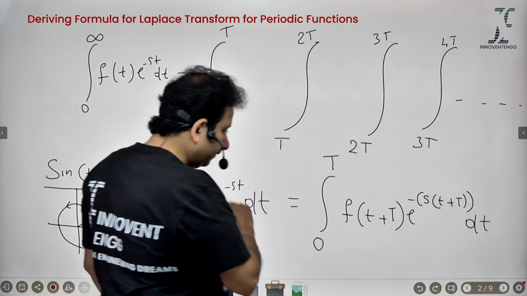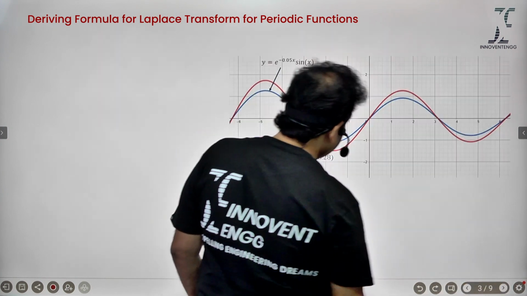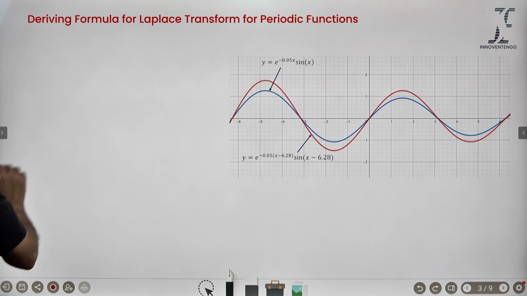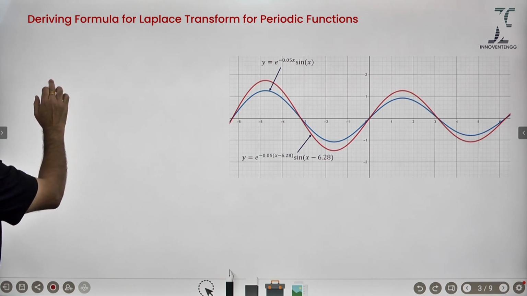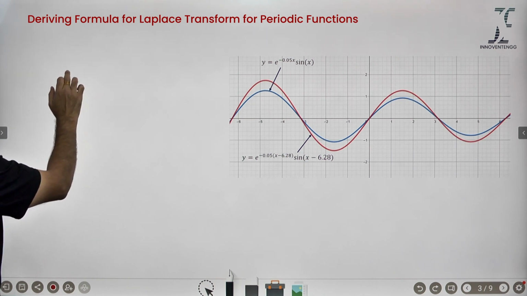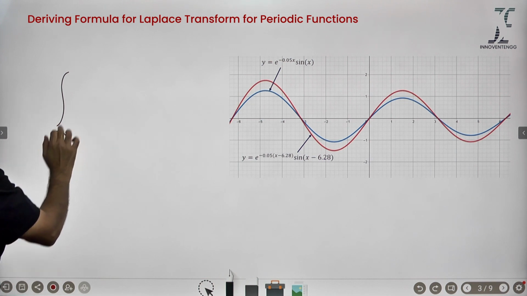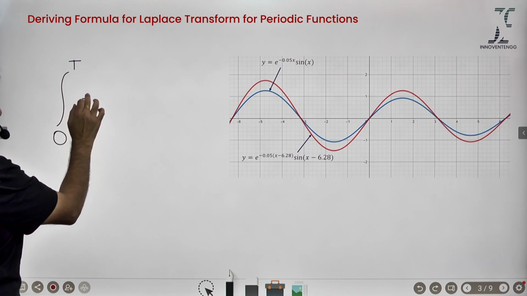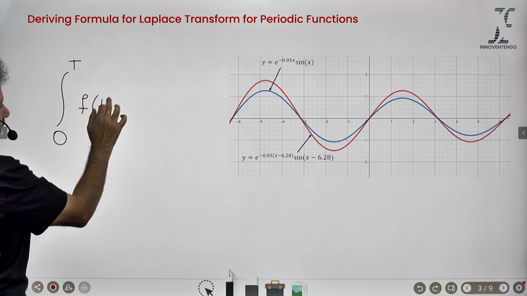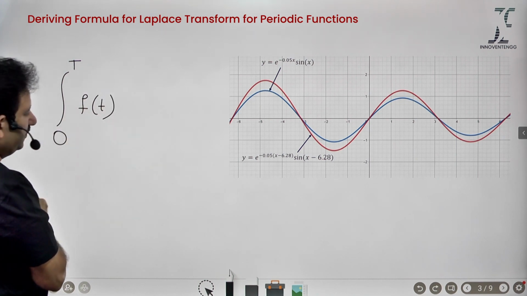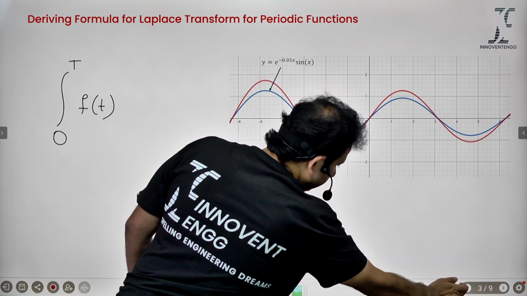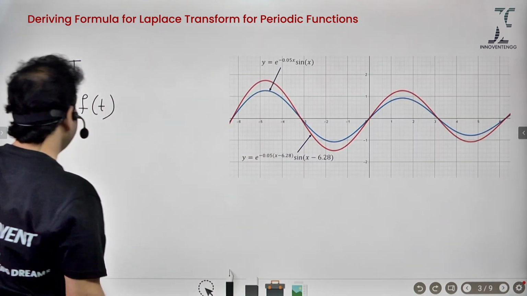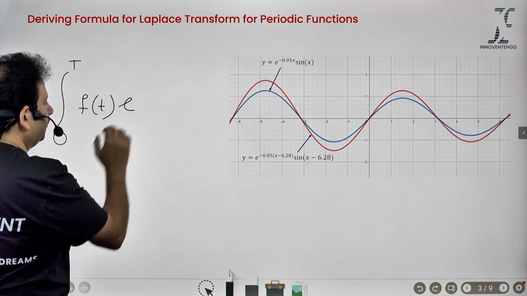So now let me simplify this and also give you what exactly I mean by shifting. Before I help you visualize what is going on, first let me simplify this integral. So what we have got is 0 to T. Remember 0 to T, because we shifted. As I said, the periodic function will become f of t whether you add any integral number of periods. So you can see this becomes f of t, but the exponential term is the one that is of interest to you.